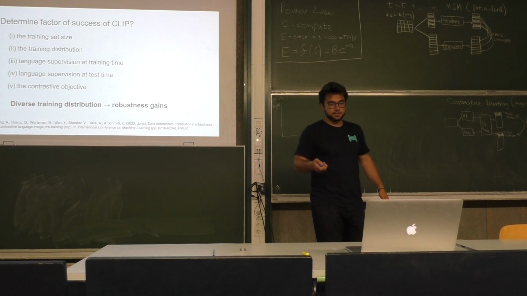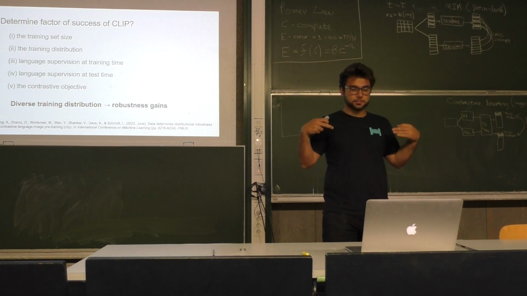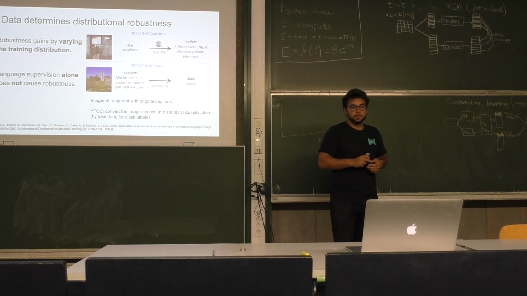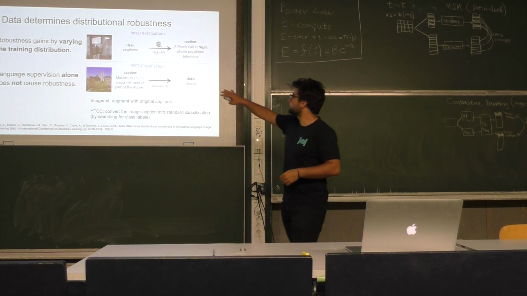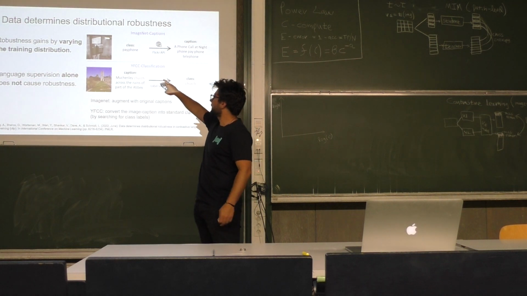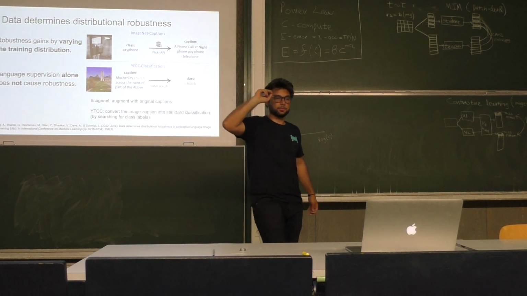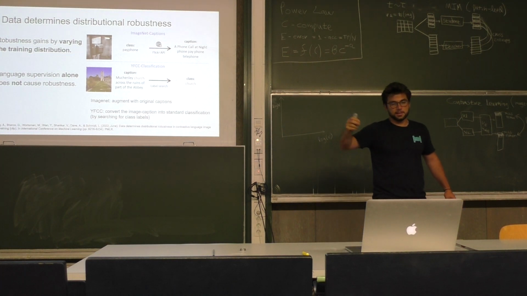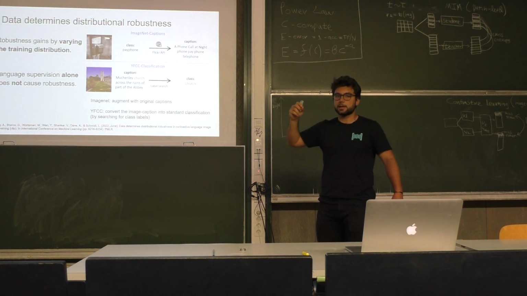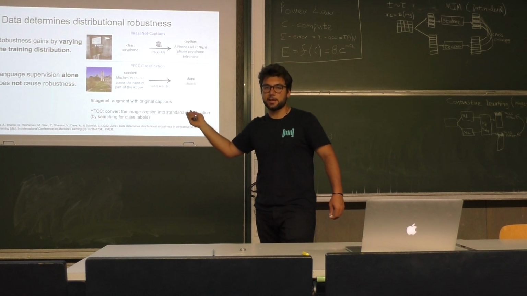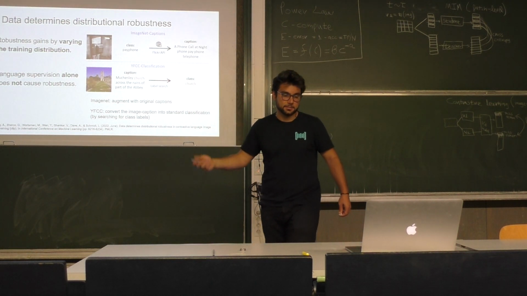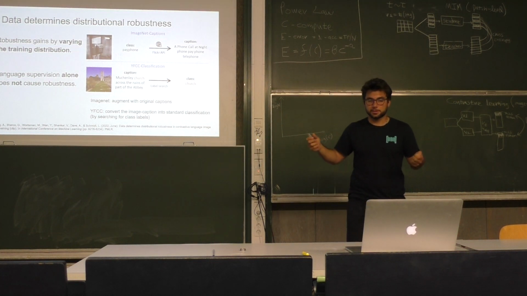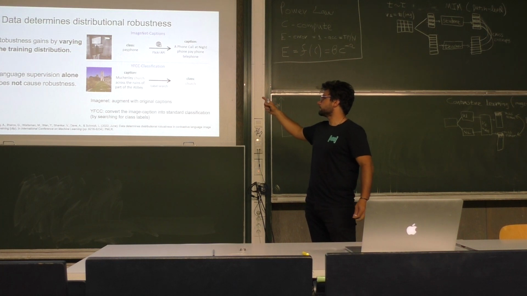To illustrate this, they create some smaller scale controlled experiments. First, on the top row, they took all the images from ImageNet, these 1 million images, and they mapped them to their original caption that can be found online. At the same time, they took the biggest image captioning dataset, which has the acronym YFCC.